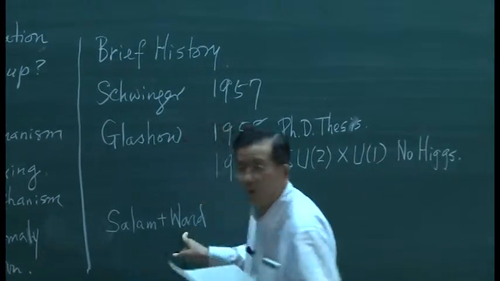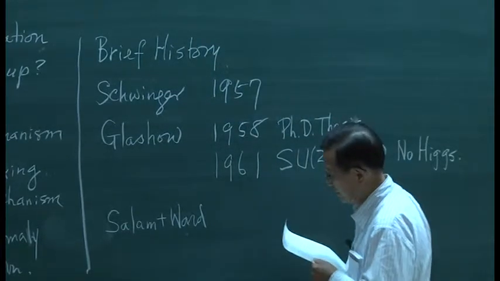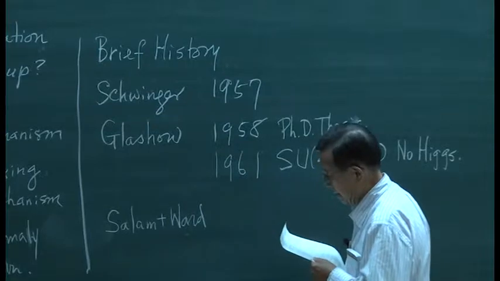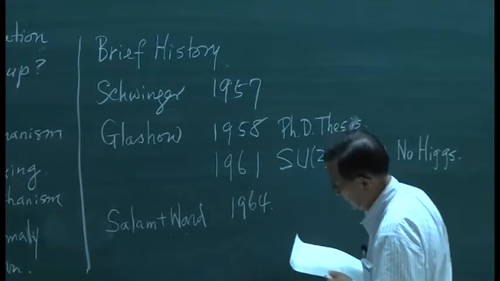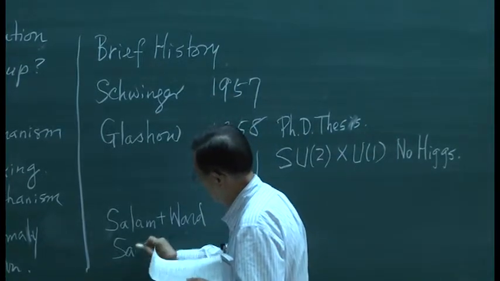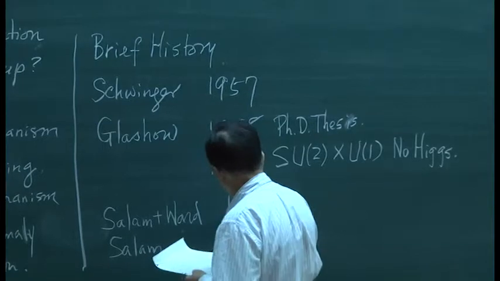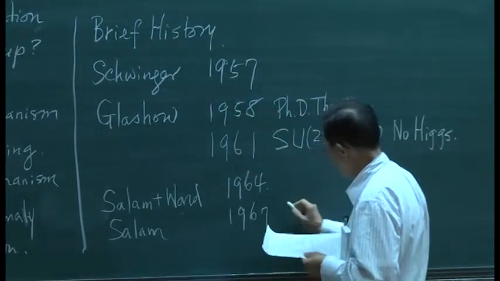This is the same Ward as the Ward identity you learn in gauge theories. They published a paper in '64. And then Salam himself in 1967 in the conference proceedings.